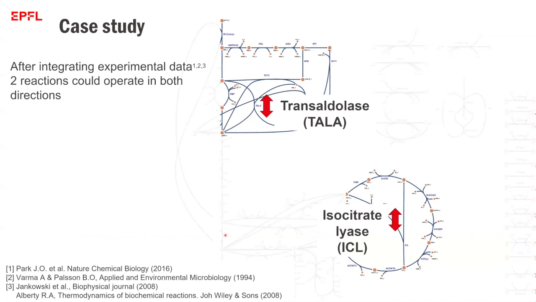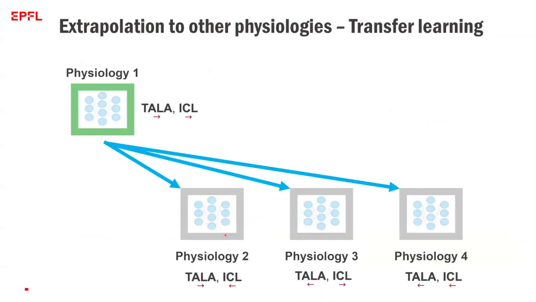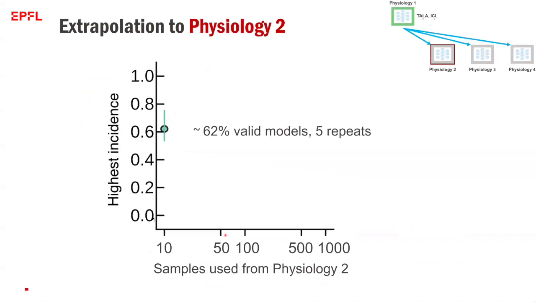It turns out that if I take a generator from what I call physiology 1 and apply it to physiology 2, which differs from physiology 1 in the direction of one of the reactions in the pentose phosphate pathway, transaldolase, we could with only 10 models from physiology 2 obtain a generator already with 62% good models.